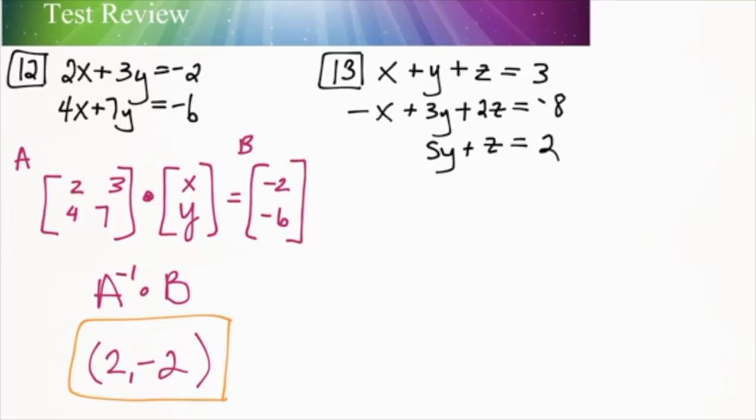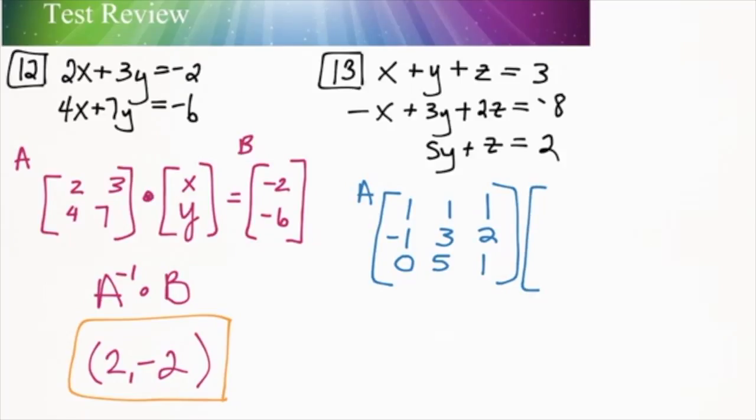Now, if you need to go back and check how to put this in the calculator, go back to one of our previous videos that we did during the chapter, and if you have any questions, let me know, okay? But for these, I'm going to skip that part because I think that we're okay with that, and I'm just going to write out what the matrix equation would look like because that's actually something that everybody needs to know.